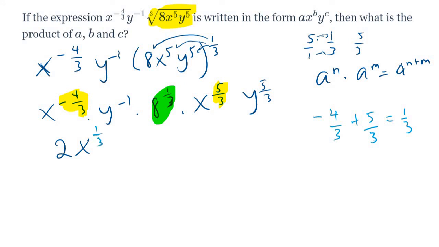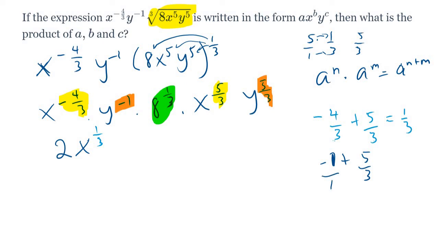Now we're going to do the same thing with y. So I highlight the exponent. Let's highlight the exponent in orange. So this is 1, and that is 5/3. You're going to do 1 plus 5/3. Actually, it's negative 1. Sorry, negative 1 plus 5/3.